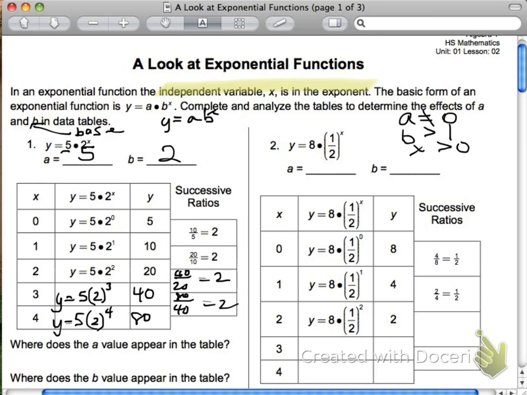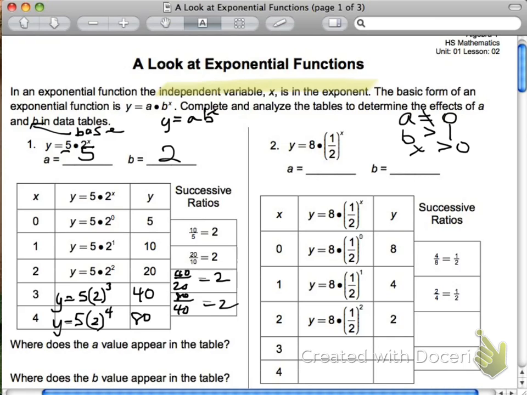So let's talk about what we can see in our table. Where does the A value appear in the table? It's what you're multiplying the B value with. You guys said, yeah, so it's the first term. It's the starting term.